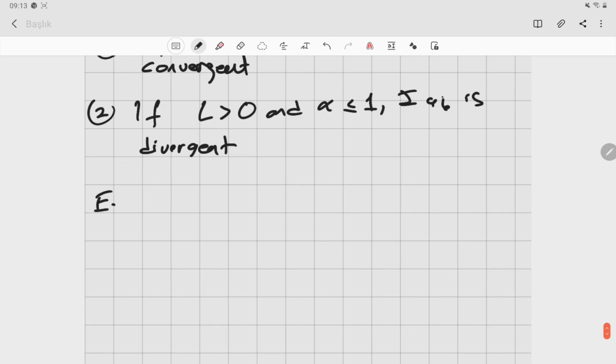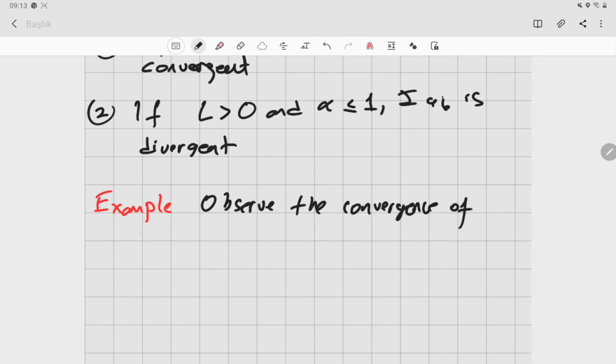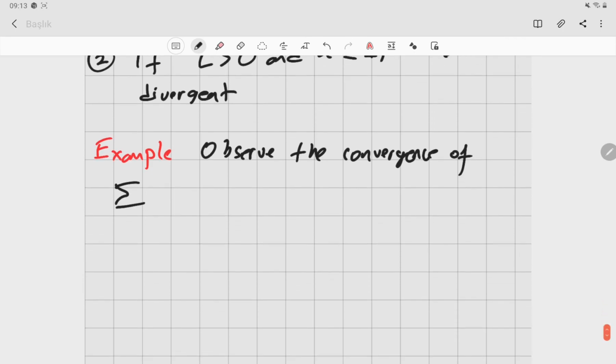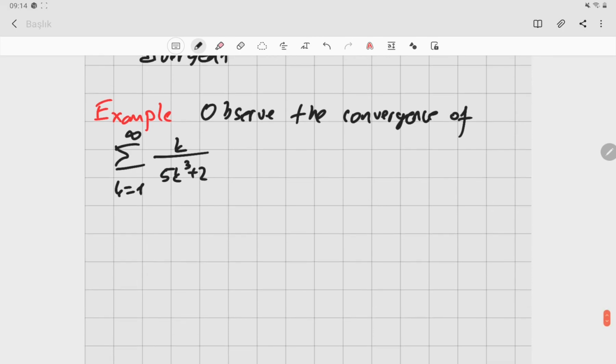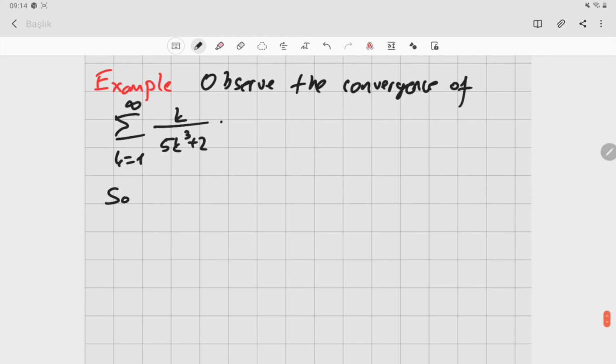Okay, one example. Observe the convergence of the series. Let's use the limit test for the solution.